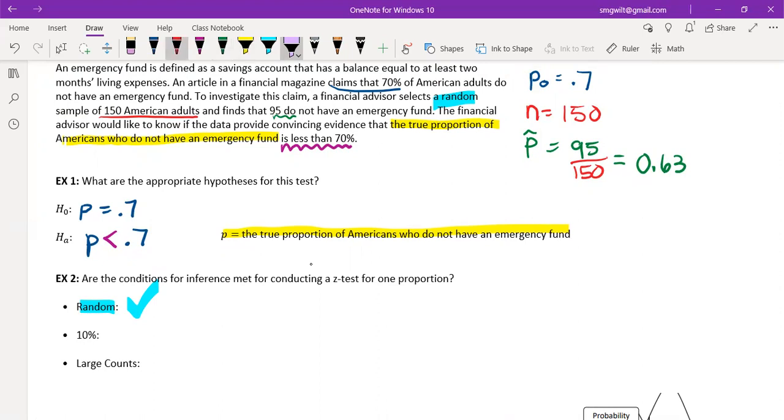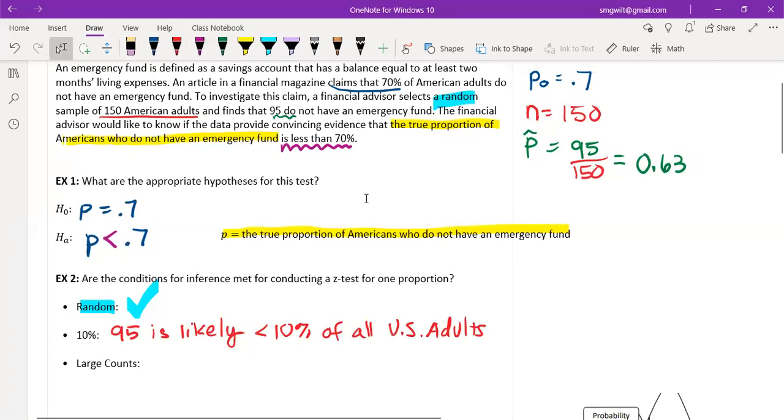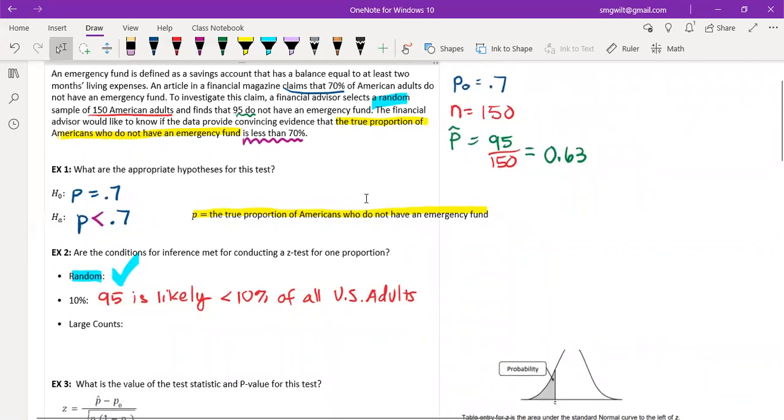They've given me a sample size of 95, and if I'm talking about all American adults, 95 is likely to be less than 10% of all US adults. Even though they didn't give me a population size, 95 is a very small number in terms of how many adults are in the United States.